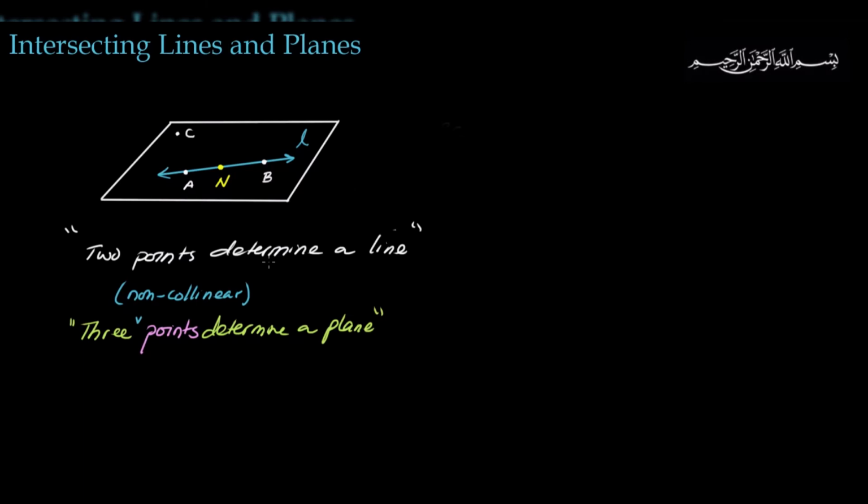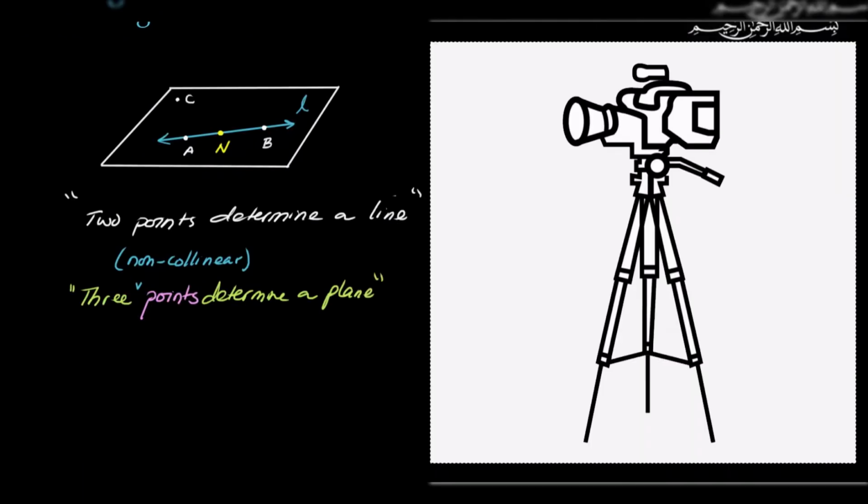In fact, it is for this precise reason that tripods are used for cameras, etc., because they have three points at the ends, and there's only one plane that goes through those three points, so they will always be stable.